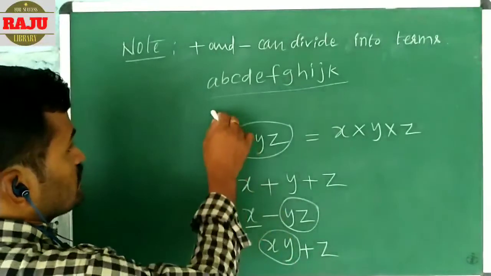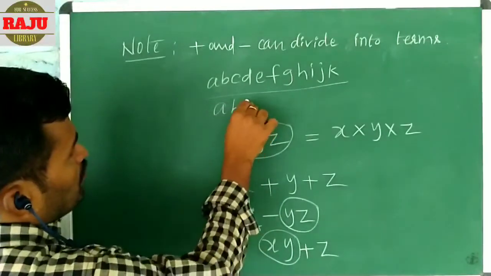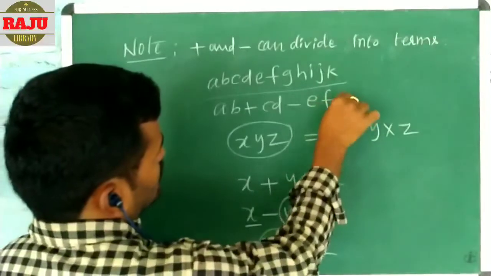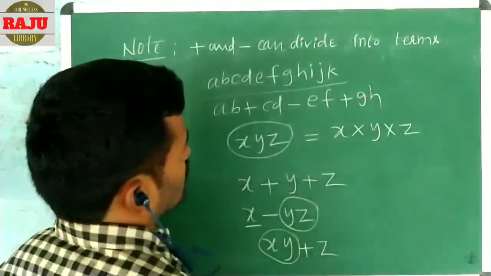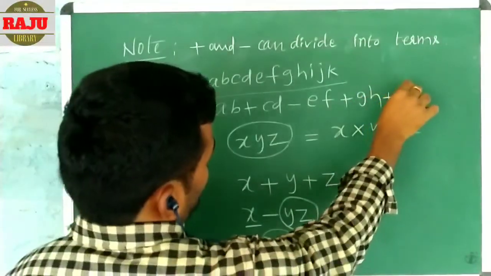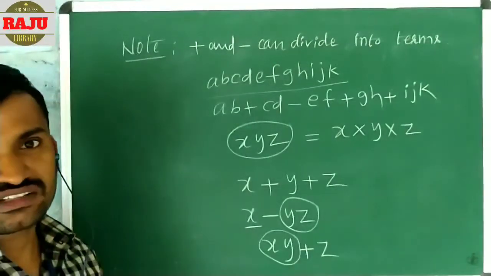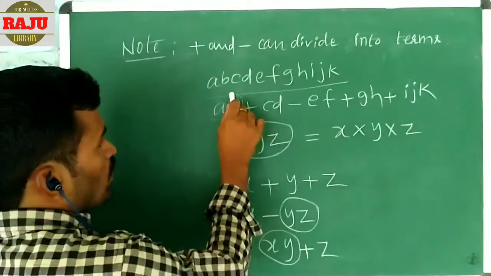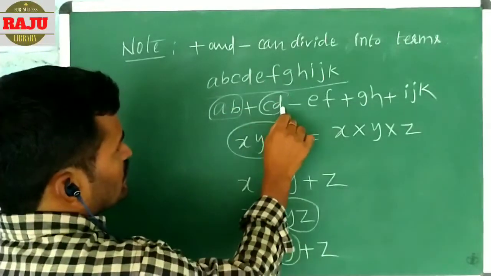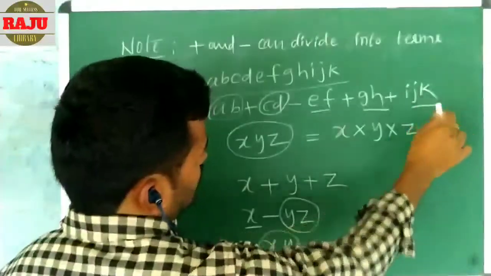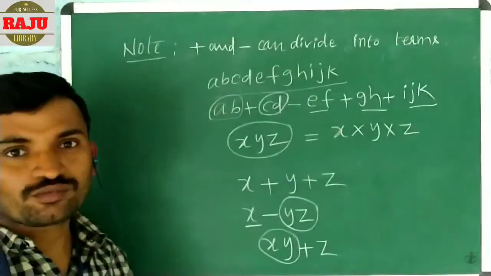If you take, see for example, AB plus CD minus EF plus GH plus IJK. Now, how many terms are there? Here AB is the one term, CD is another term. See, 1, 2, 3, 4, 5 terms are there. 5 terms are there.